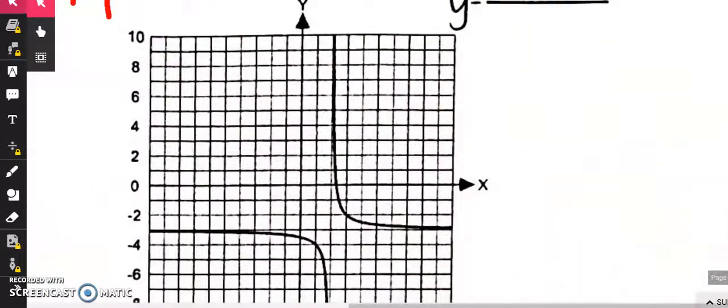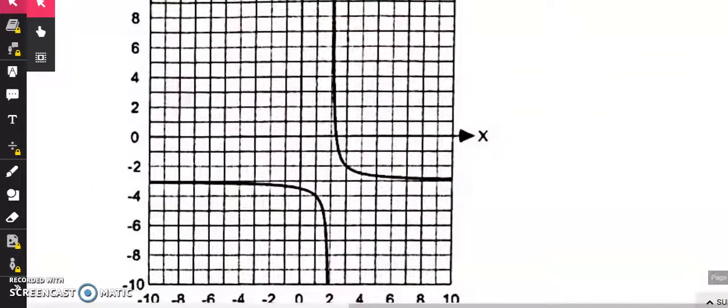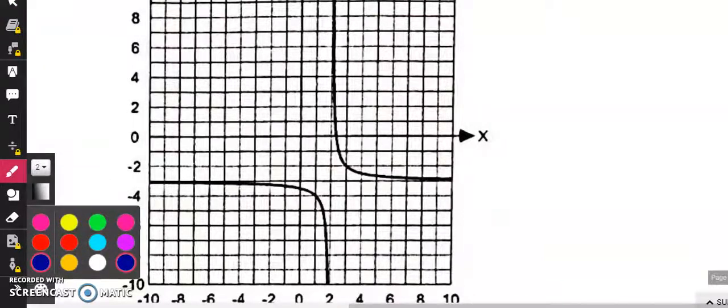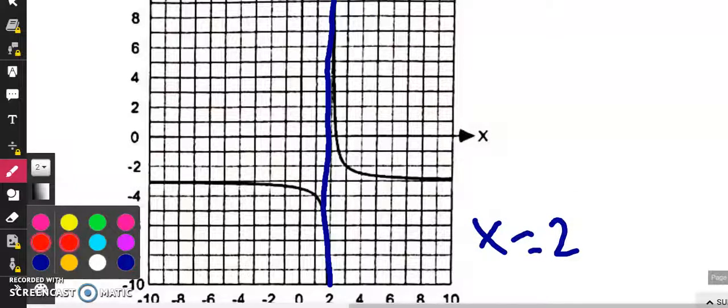So for number 2, just to get another one, we're going to see the same thing. My vertical asymptote lines up with x equals 2, and my horizontal asymptote lines up with y equals negative 3.